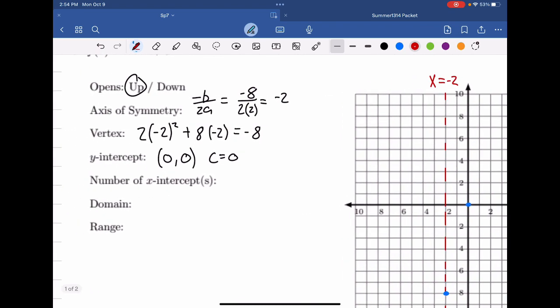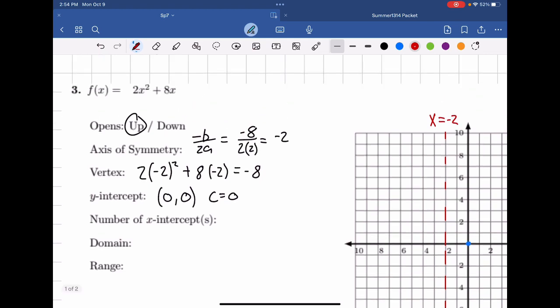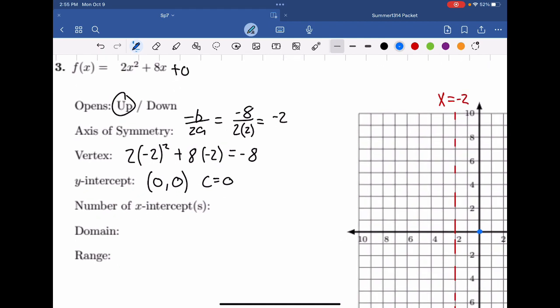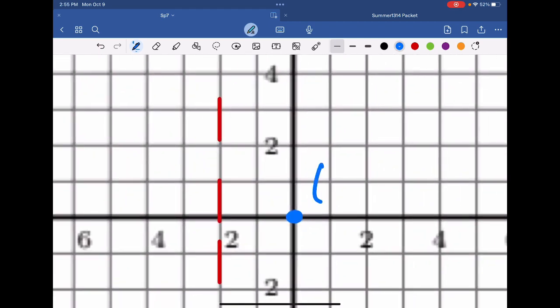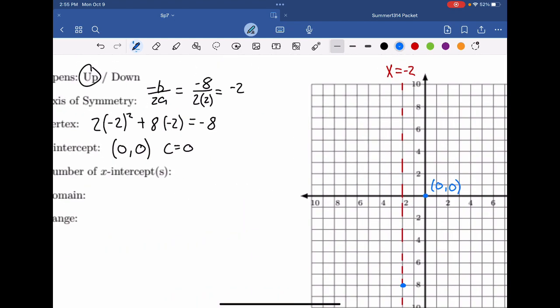And then our y-intercept. When we have our y-intercept, that's going to be our c value. So this would be like plus 0, right? So again, the proper notation for that one is 0, comma, our y value. But in this case, it is 0, right?